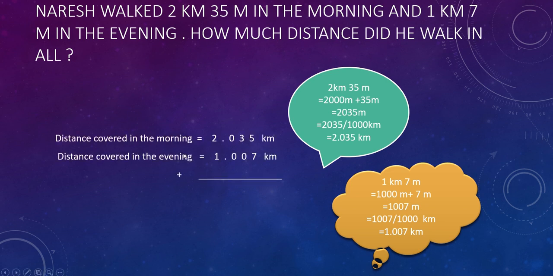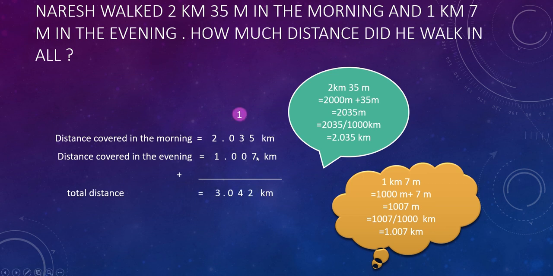Now, our question is: distance covered in the morning is 2.035 kilometer. Distance covered in the evening is 1.007 kilometer. So, how much distance did he walk in all? So, total distance covered by Naresh is 3.042 kilometer.